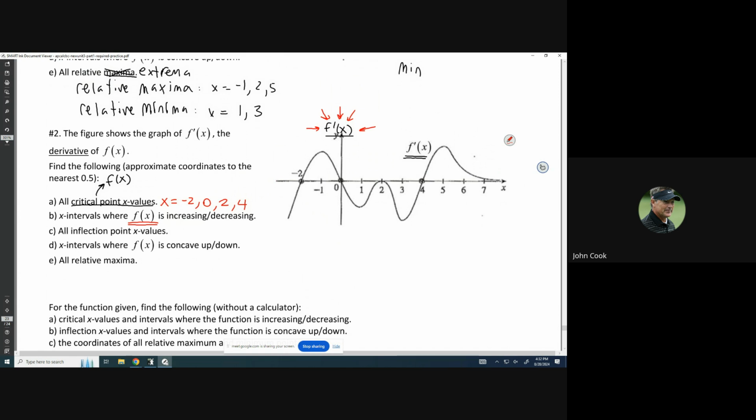Well, previously, we realized that the way that we can tell if the original function is increasing is that the derivative of that function is going to be positive. It's going to be greater than 0. So let's translate that into the graph that we have. If the derivative is greater than 0, it's positive.